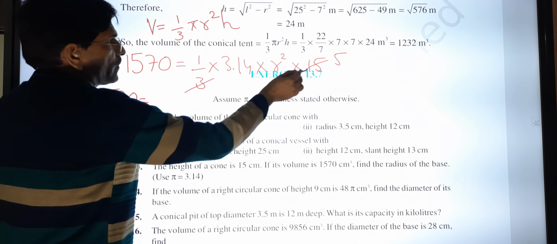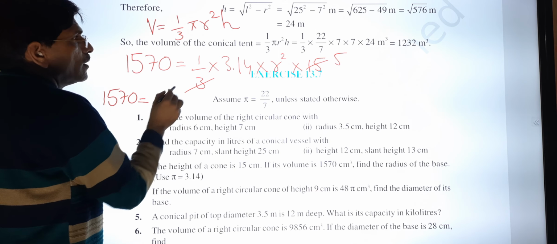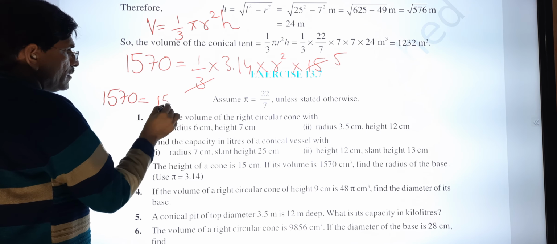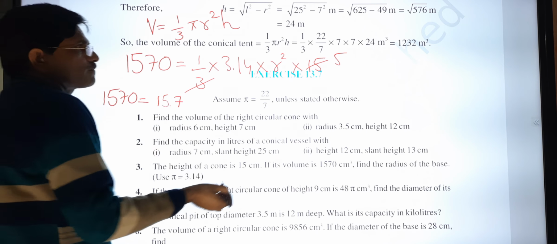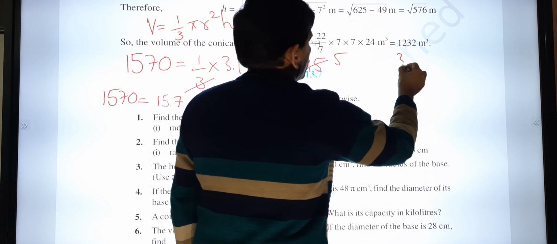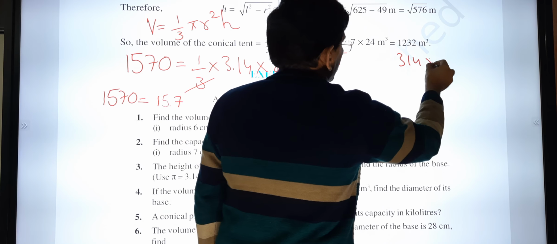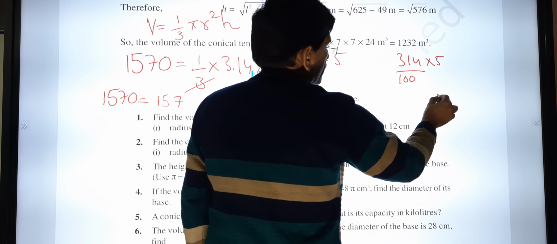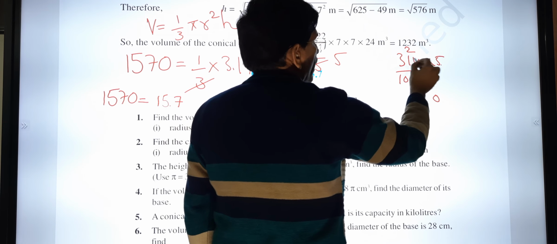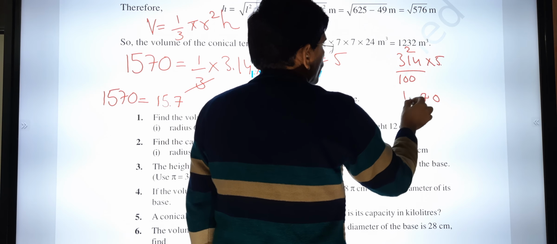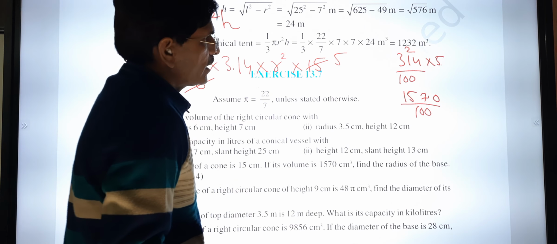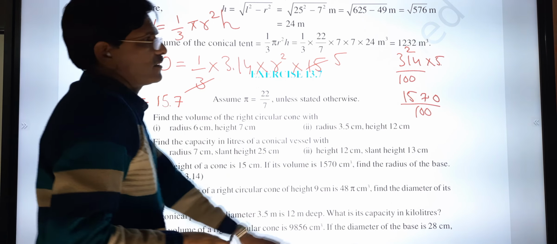So 314 into 5 upon 100: 5 4s are 20, 5 1s are 5, 7, 1, 5 upon 100. So we can write 15.7.